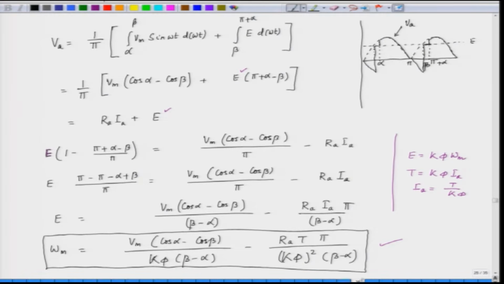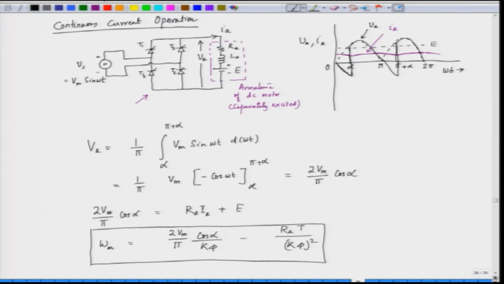Now, let us see this characteristic here. When we go on varying alpha, the no load speed will change. However, the slope of the characteristic will almost be the same, because the armature resistance is not changed.